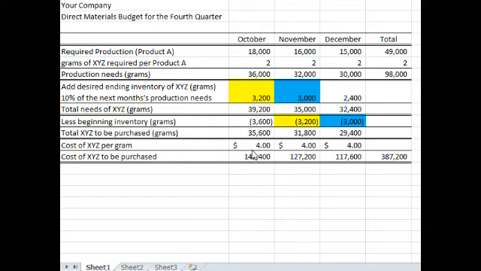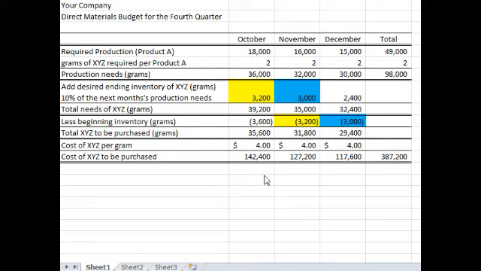The cost was $4 per gram, so 35,600 needs to be purchased, and therefore the cost of XYZ to purchase for October's production needs will be $142,400. So with this amount, you could make the budget for your company.